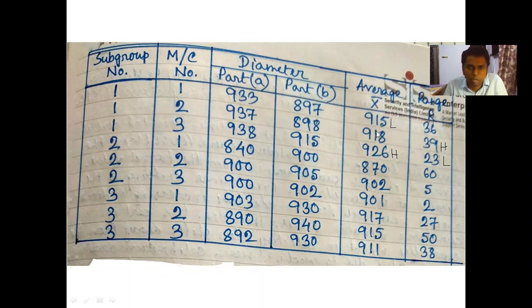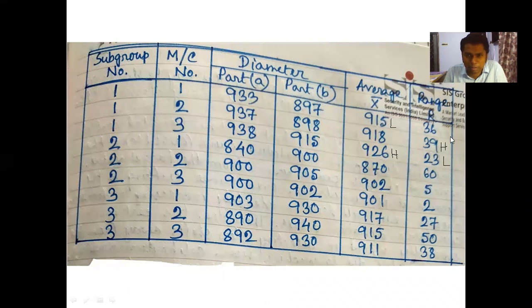Now notice that I have mentioned L and H here. If I consider subgroup 1, then the lowest reading is 915 for X bar and the highest reading is 926. For R, the highest reading is 39 and the lowest reading is 23.